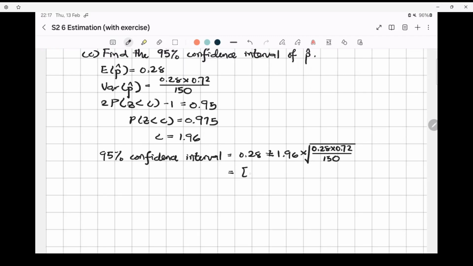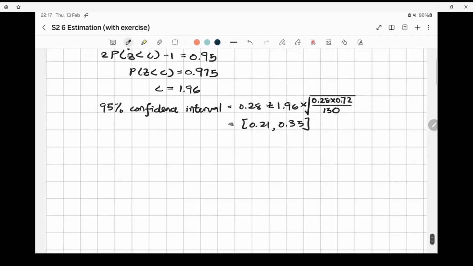So this is 0.21, 0.35. So that is your 95% confidence interval.